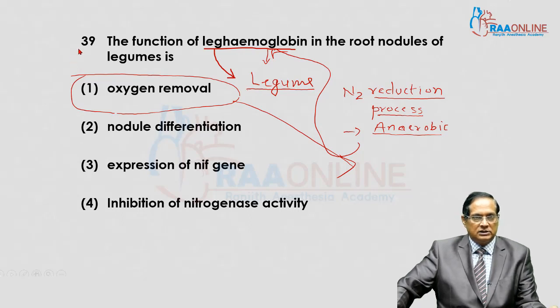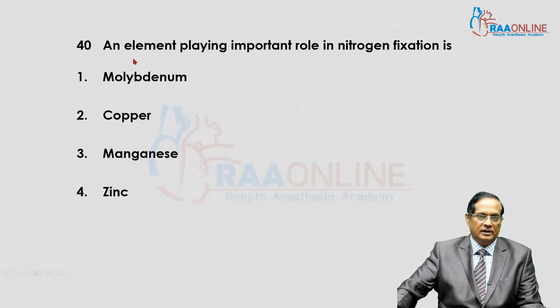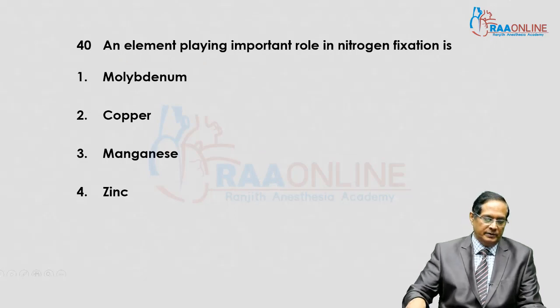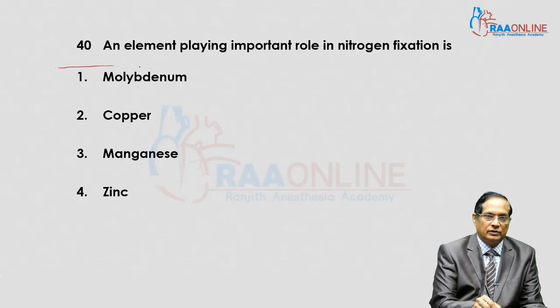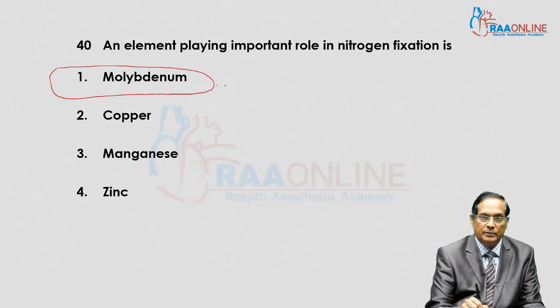So question number 39, the oxygen scavenger is leghemoglobin in the root nodules of legumes, a pink colored pigment. An element playing an important role in nitrogen fixation is molybdenum. Its exclusive role, because it is the structural part of two enzymes.